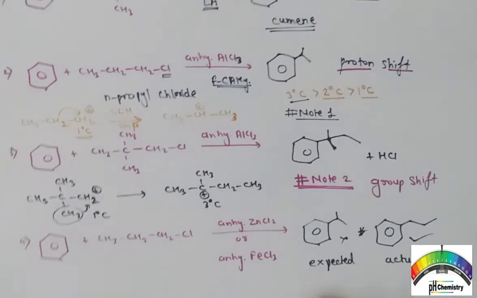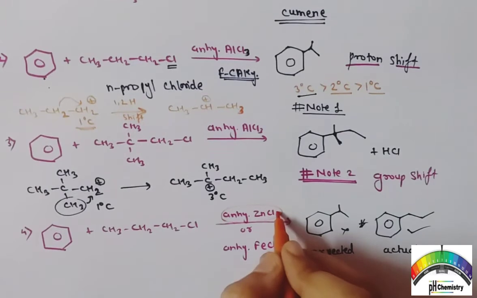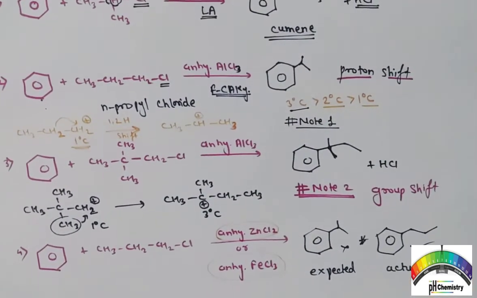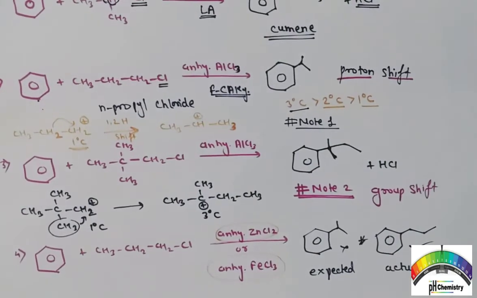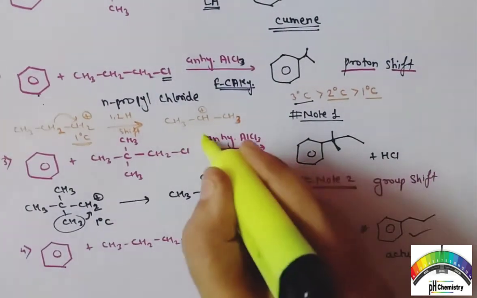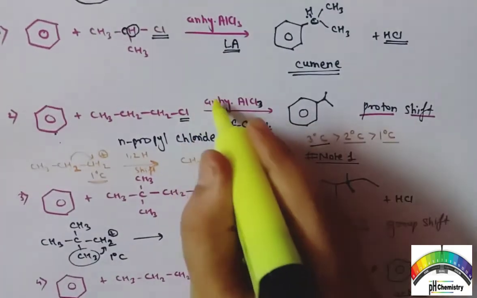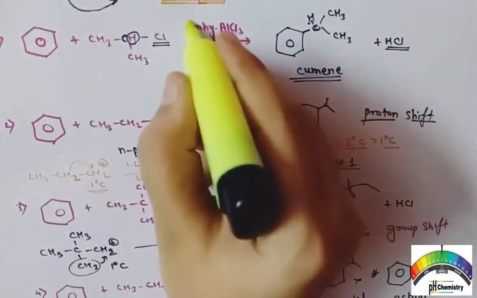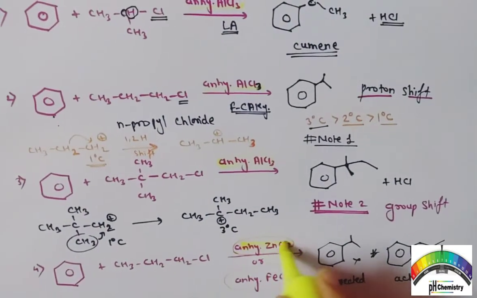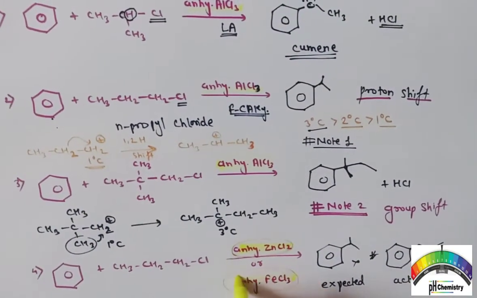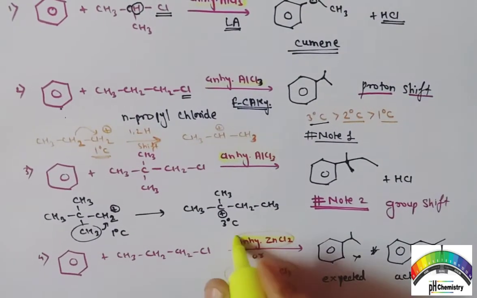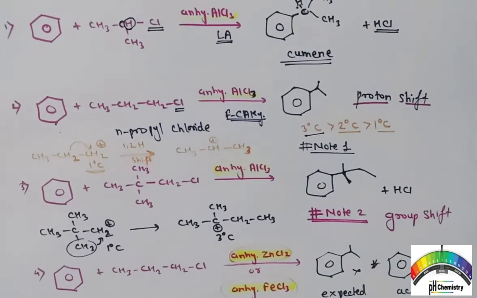Why does it happen? Because anhydrous ZnCl2 is used or anhydrous FeCl3 is used. In all the above examples, we have seen anhydrous AlCl3 is used as a Lewis acid. But here you can see anhydrous ZnCl2 and anhydrous FeCl3 are used. So what is the change in the reaction?